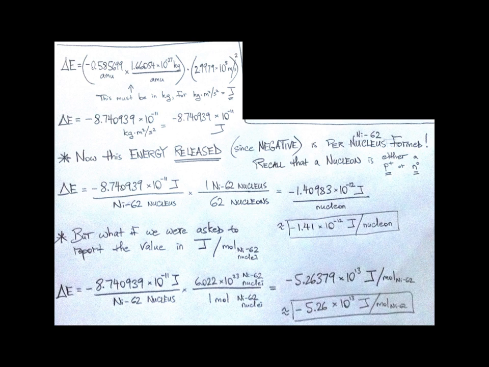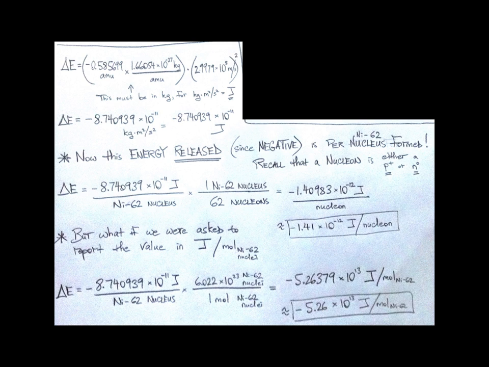But what if we were asked to report the value in joules per mole of nickel 62 nuclei formed? Notice how the conversion is significantly different. We again start with joules per nucleus, like we did, but since we are zooming out, we have to multiply.